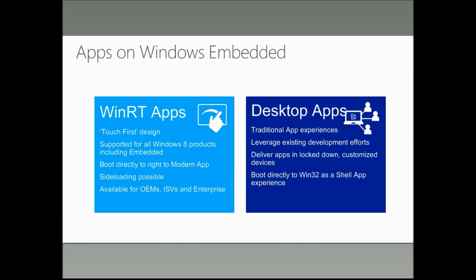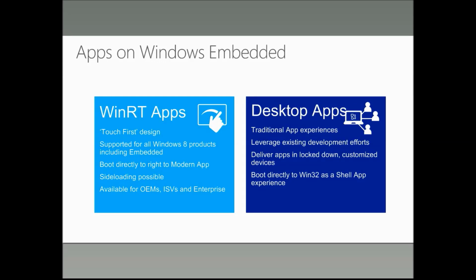This doesn't mean we stop supporting desktop apps. Quite the opposite. Desktop is a key feature and it's part of the Windows future. I want to make sure that there's no miscommunication or ambiguity about that.